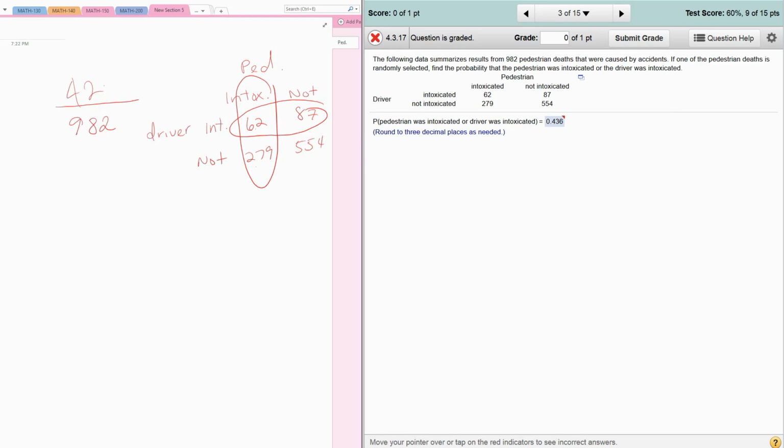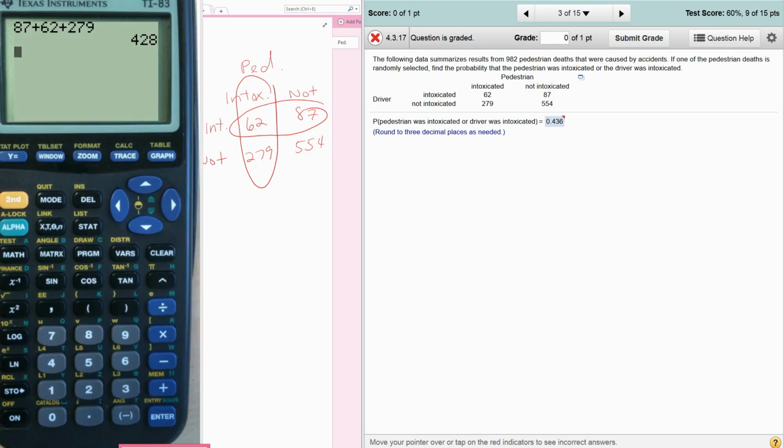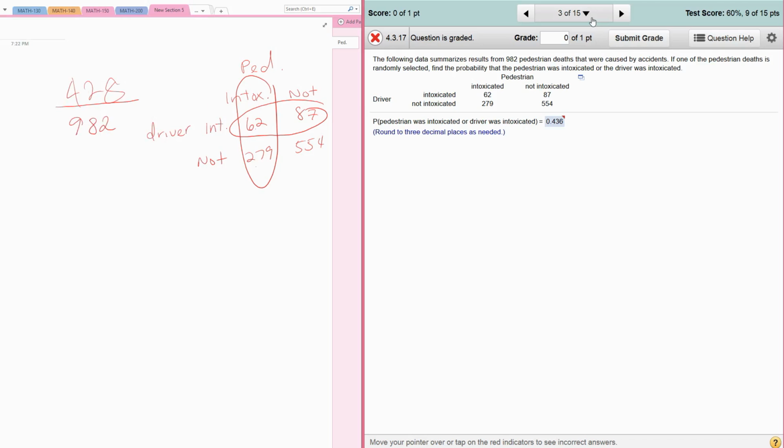So we're going to take 428 divided by 982. So we get, what does it ask for? 3 decimal places, 0.436. Okay, so that was the first one.